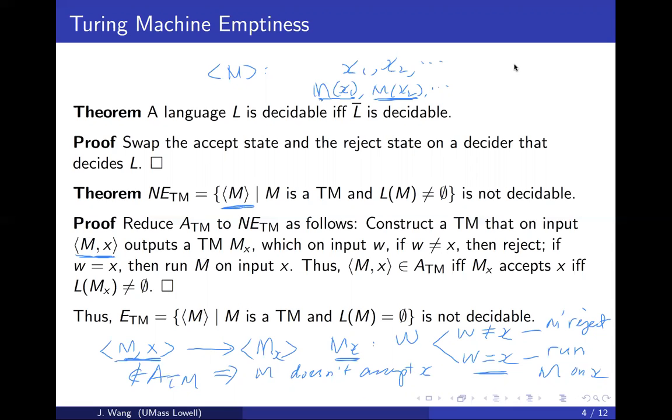So in this case, we're going to look at M_X. Of course we know that when W is not X, it rejects. So we know that M_X rejects every input that's not equal to X.